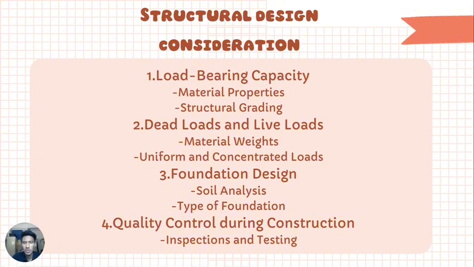Must choose the most suitable foundation type, such as footing or deep foundation, based on the soil condition and structural requirement. And the last element is quality control during construction, inspection and testing. We must implement quality control measures during construction, including inspection and material testing, to verify that the constructed brick masonry meets design specification.